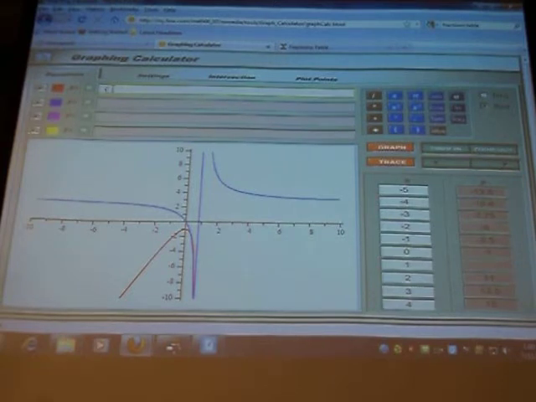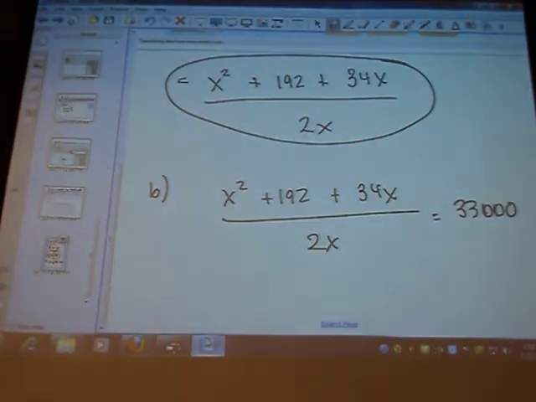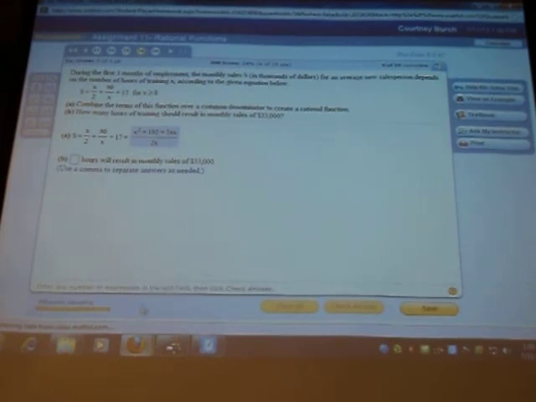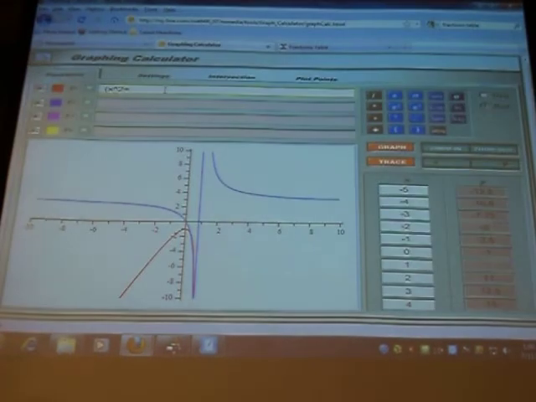Remember your parentheses, x squared plus... divide by parentheses 2x.